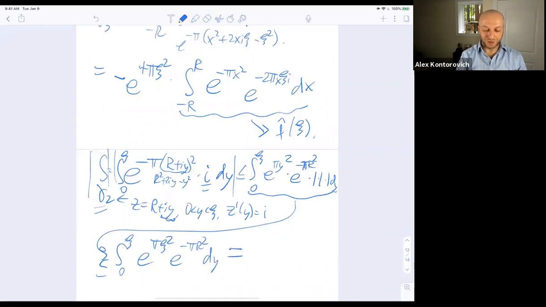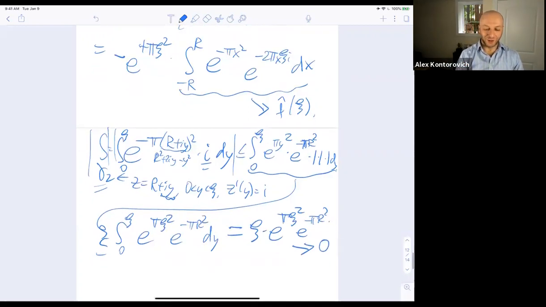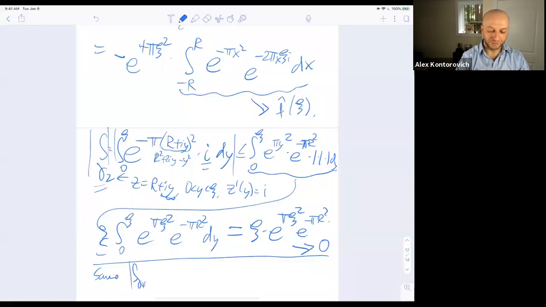The integral in dy is just the length, so it's e to the pi C squared, e to the minus pi R squared. C is fixed, R is going to infinity, so this goes to 0. The same goes for gamma 4: the integral over gamma 4 is not 0 itself, but goes to 0 as R goes to infinity.